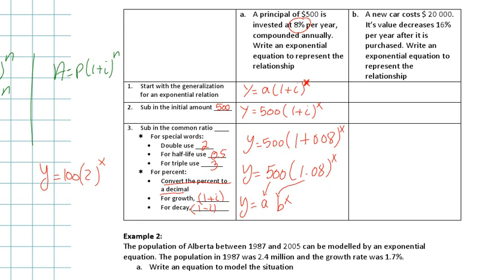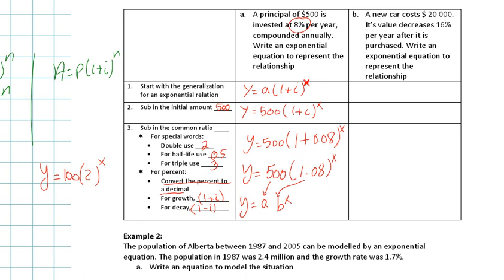So let's say I asked you right now, how much money will you have in the bank after 10 years? What do you do? I already have my equation, right?